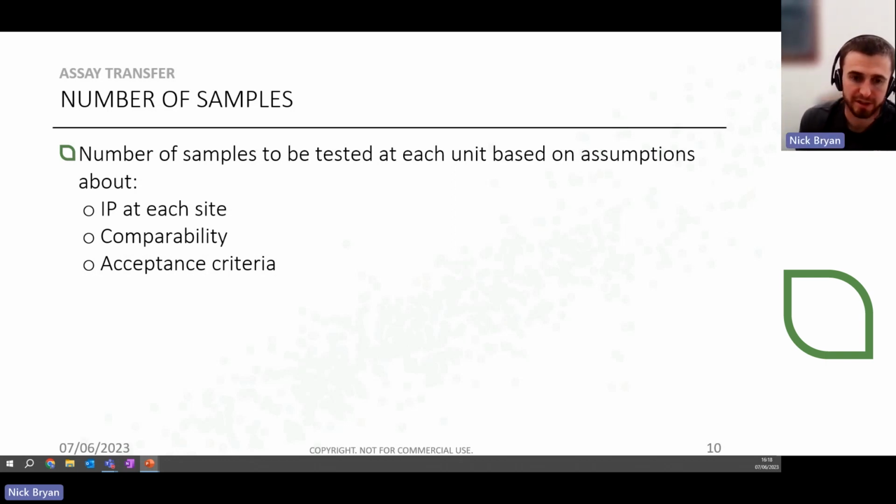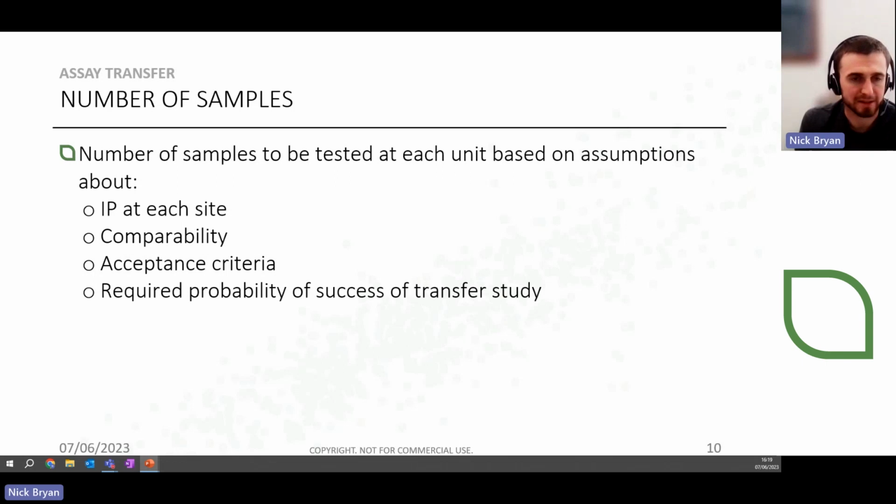If there's not much data available, then we generally suggest going with a set of limits such as 0.85 to 1.25, and use a sort of iterative approach to see what sort of sample sizes you would require to achieve that, because this also impacts on the required probability of success.